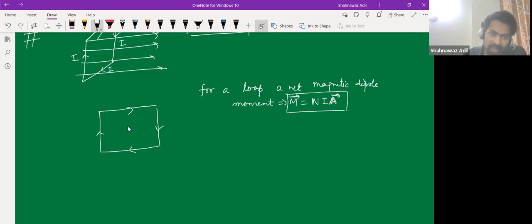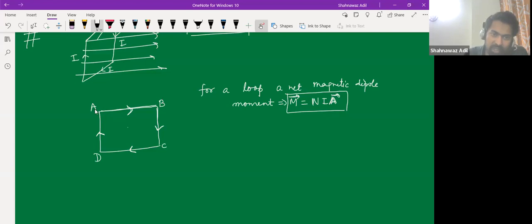So this will have a dipole moment in outward direction, or we can also use Maxwell's thumb rule. If we rotate our curl in this direction, we are getting inward direction, so the magnetic field and area vector would be inwards.